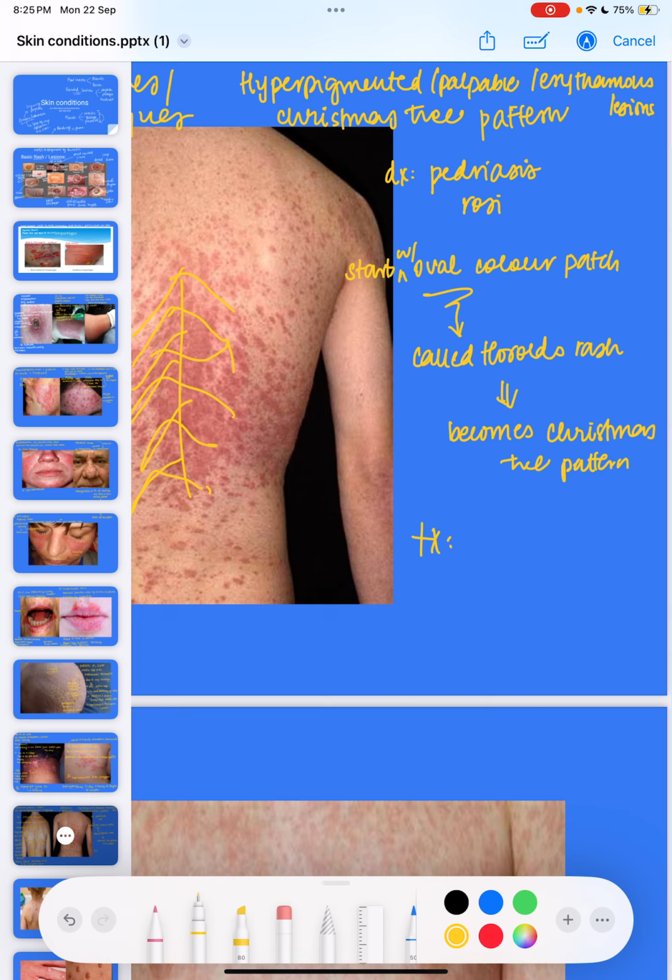It starts with one patch, okay? And that one patch is called the Herald patch, right? And it becomes a Christmas tree pattern, okay?